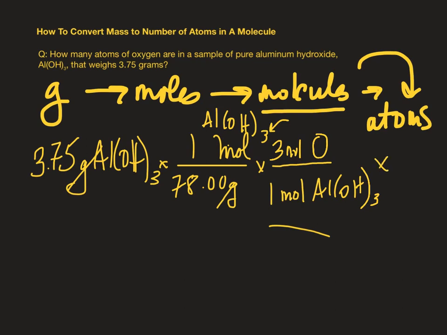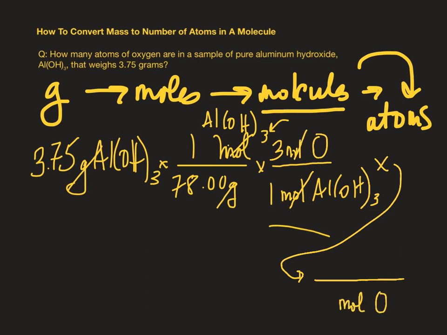And then my last step would be, and I'm just going to move it down here a little bit because it's going to be too hard to see on the screen, I'm going to draw my next conversion factor. And what I want, right, is the moles of oxygen to cancel.